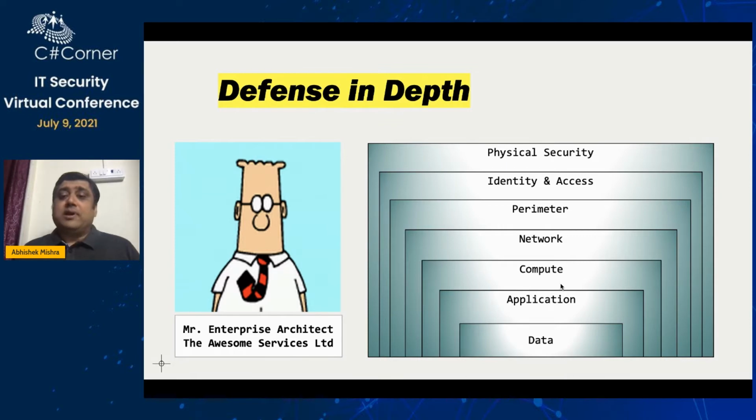Then comes the perimeter. When I talk about the perimeter, it's a very interesting concept. That is your Azure boundary. Definitely all your data, whatever I spoke about, this data, application, compute, network, everything is in the boundary of Azure, right? Azure will have its own boundary. It will have its own data center, which has a network boundary.